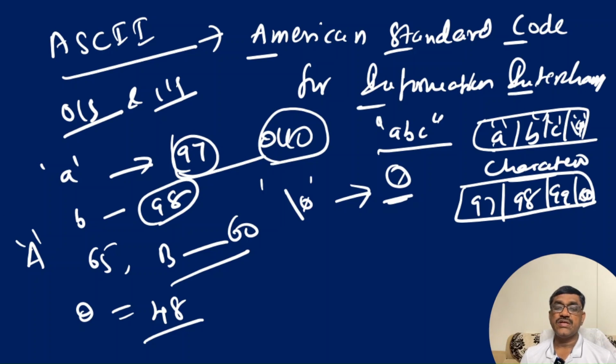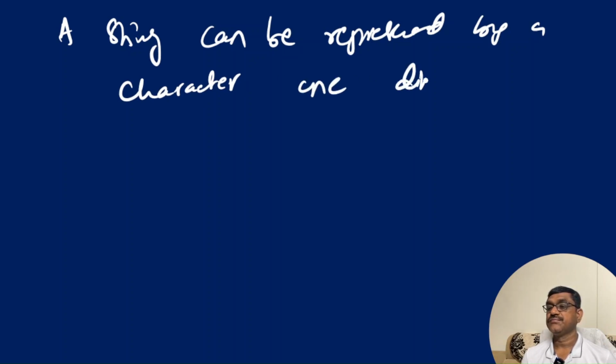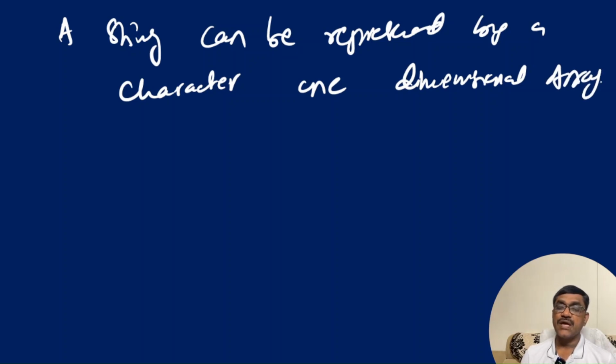How to represent a string? A string can be represented by a character one-dimensional array. Character one-dimensional array means we are talking about one-dimensional arrays of type character.